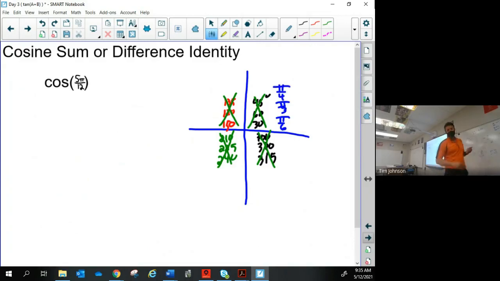You might want to write this little chart down because it's going to help you as you continue to find exact values of radian amounts. You remember all those problems on yesterday's worksheet that I said not to do yet? Well, this is how you would have done them.